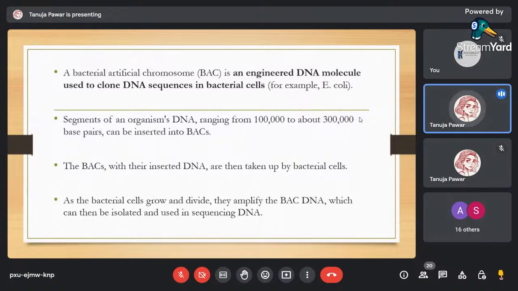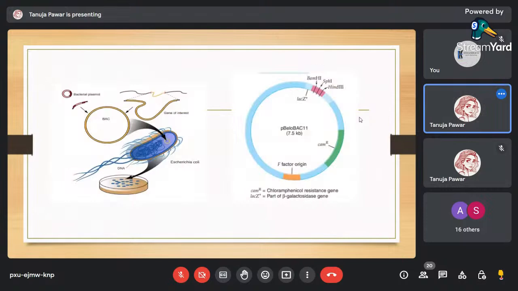The bacterial artificial chromosome with the inserted DNA is then taken up by bacterial cells by techniques which we will see further. As the bacterial cells grow and divide, they amplify the bacterial artificial chromosome DNA, which can then be isolated and used in sequencing of DNA.